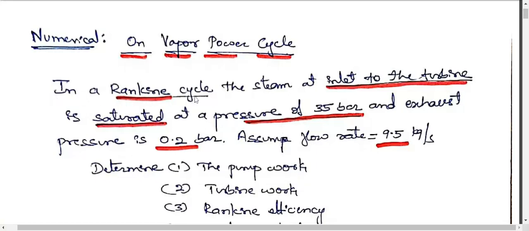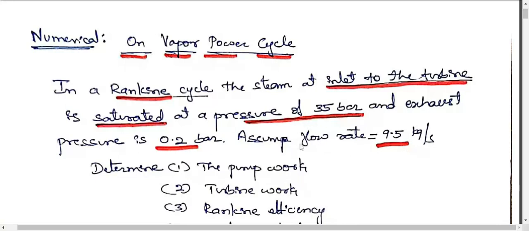In a Rankine cycle, the steam at inlet to the turbine is saturated at a pressure of 35 bar and the exhaust pressure is 0.2 bar. Assume a flow rate of 9.5 kg per second.